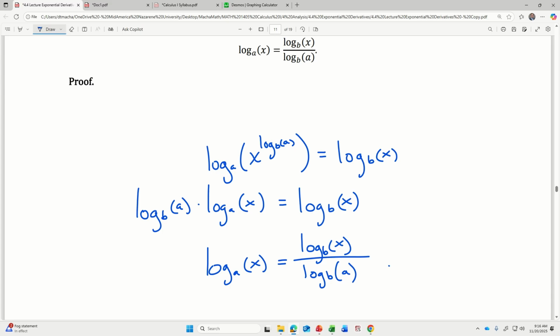Oh, okay, I see. I did the wrong thing. What I really should do is make this log base b and make this one the log base a. Okay, so let's talk about that.